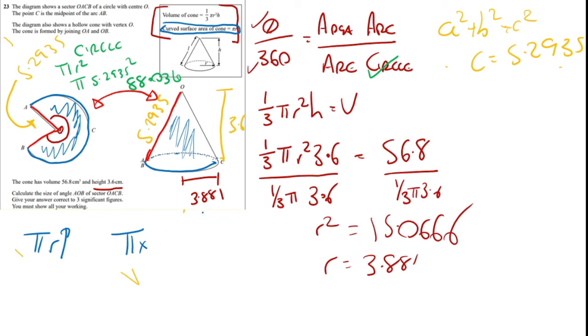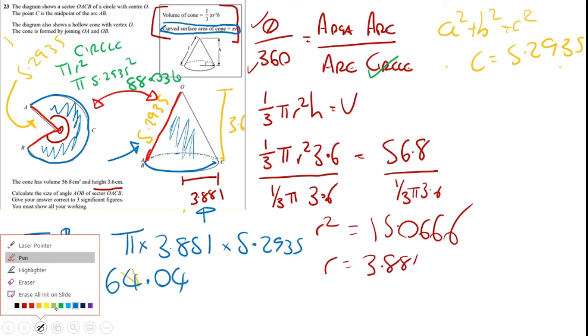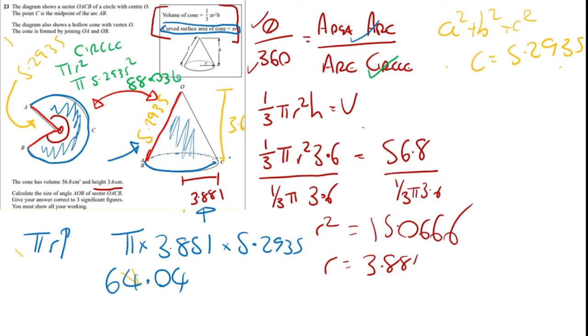So it's pi times this radius, 3.881, times my length, 5.2935. Typing that all in gives 64.04.